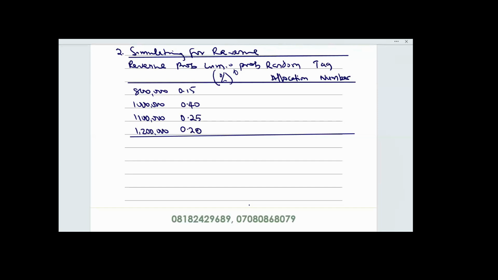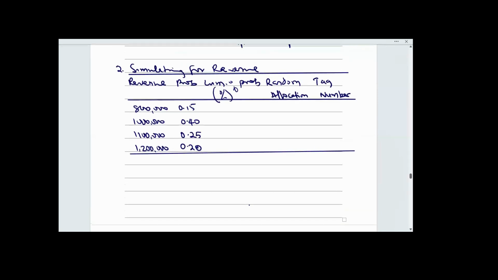All right. Then the cumulative of the probability in percentage. The first one will be 15%. 15 plus 40, 55. 55 plus 25, 80. 80 plus 20 will be 100%.